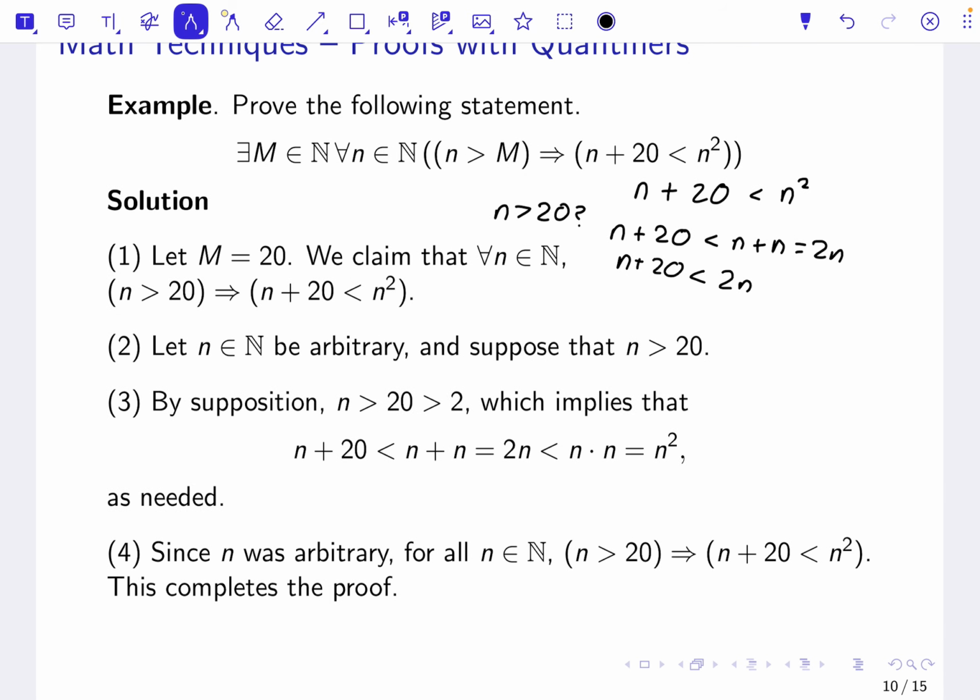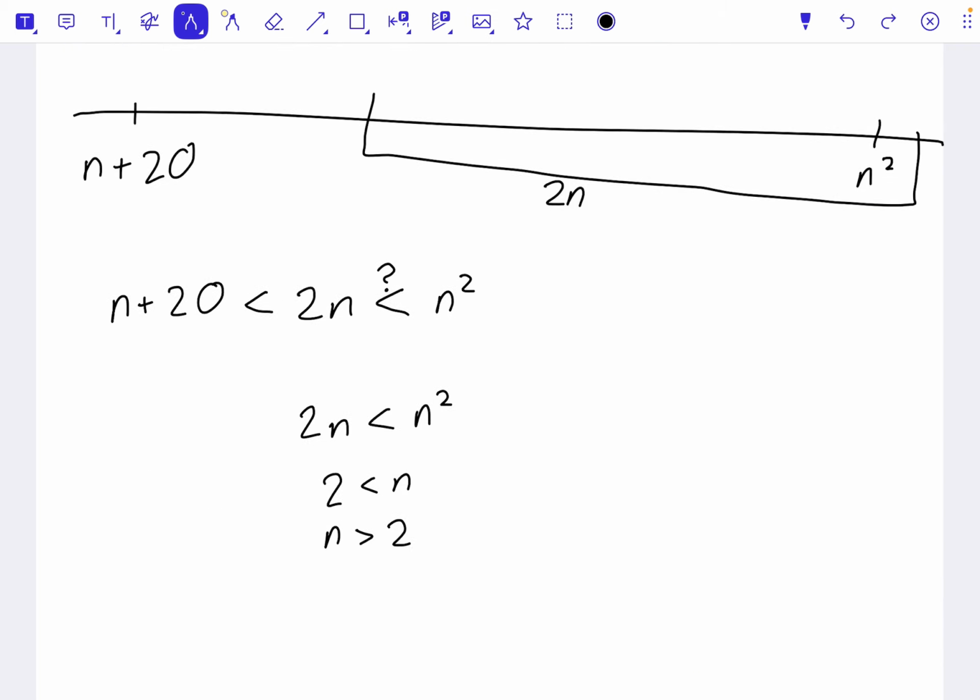Remember that we're trying to prove that this whole monstrous thing is true, and that involves finding the value for m such that the statement or the inequality is true for all n greater than m. So we basically just played around with that inequality a little bit, found that n should probably be greater than 20, and n should probably be greater than 2. Luckily, both of those conditions are covered by n being greater than 20.